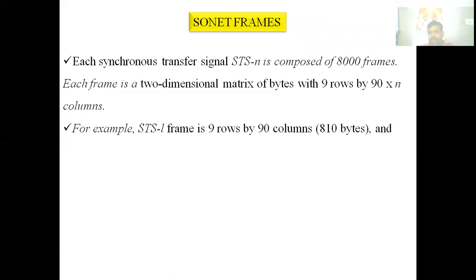So if you have an STS-N signal, then it will have 9 rows and 90 times N columns.